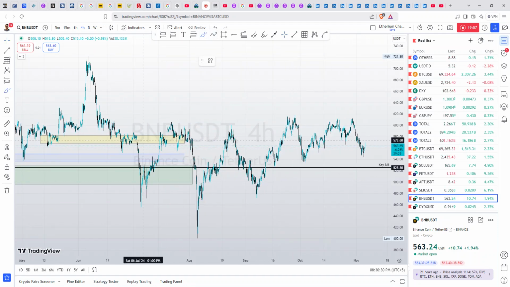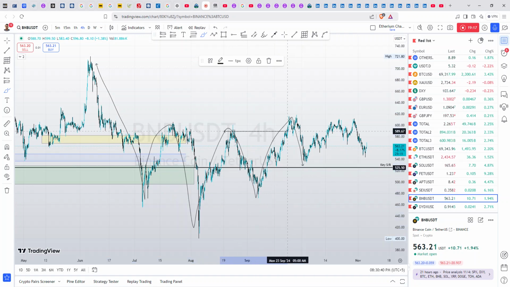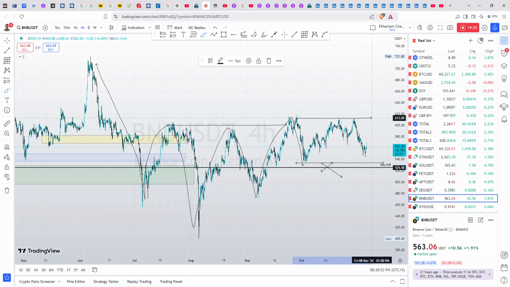If you see higher low, lower high, lower low, lower high, lower high, higher low, higher high, higher low. This one was a break of structure as well. Sorry, this one was the break of structure followed with a lower low. Until the price is above $530, we are ready to go upside and break this structure as well. And once this is broken, we are going to see the price near $700.